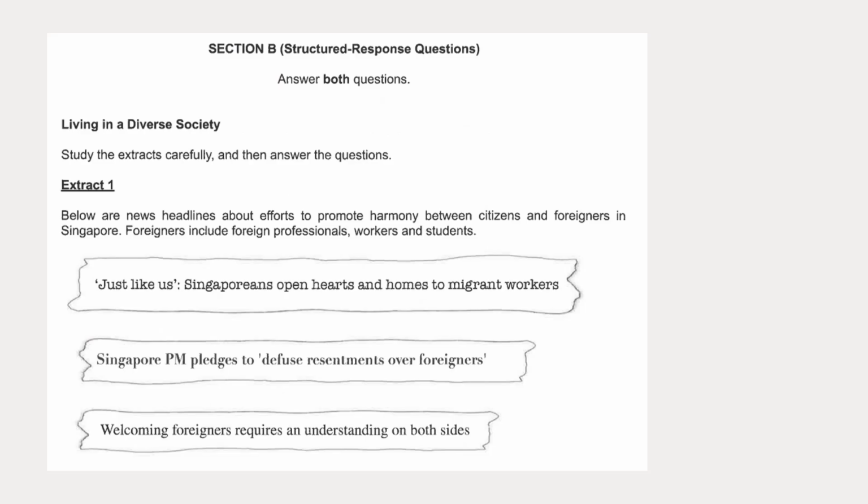Okay, so for the SRQ, this is of course issue 2, living in a diverse society. Remember, when we look at extracts, we are supposed to use it as a trigger. So this particular extract talks about harmony, especially between foreigners as well as citizens.